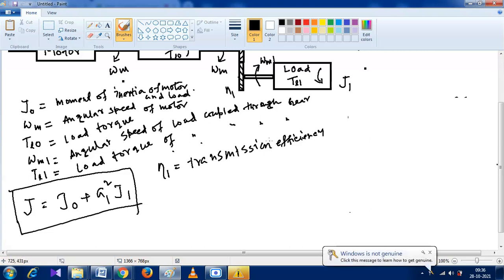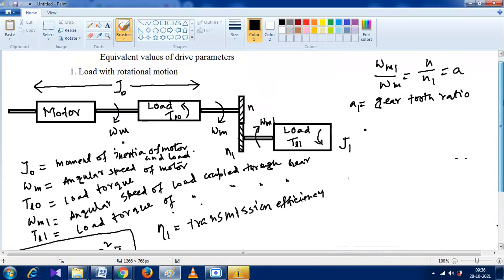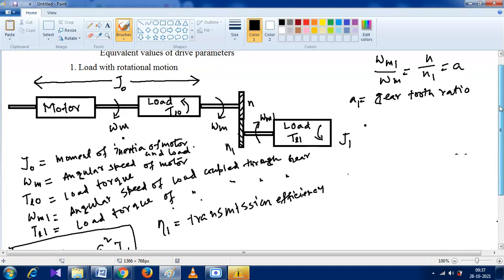What is the formula of power for the first system? What is the value of torque here? TL0 is the torque.